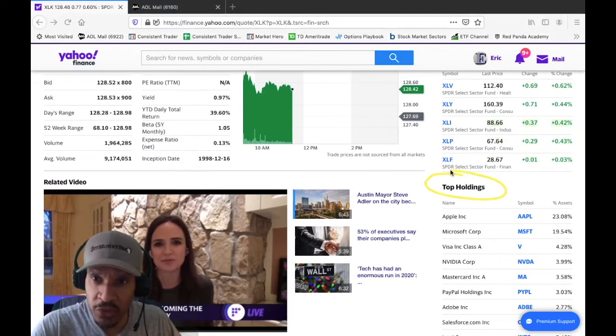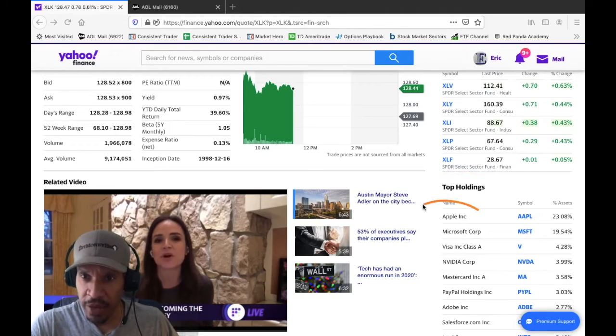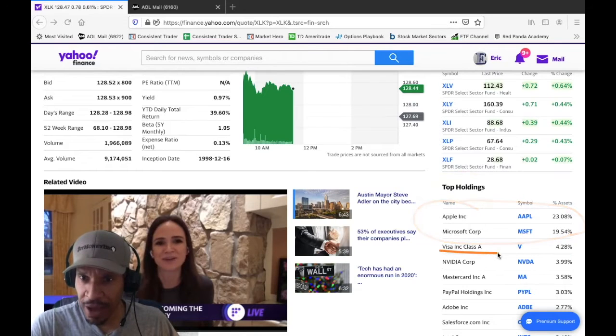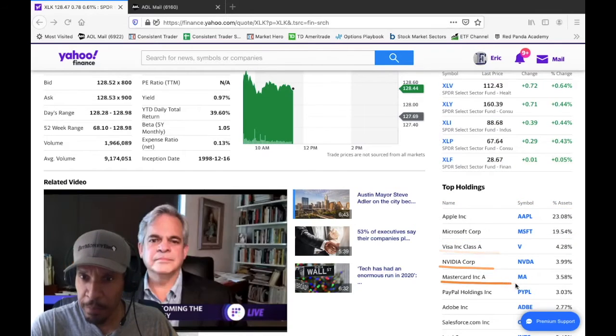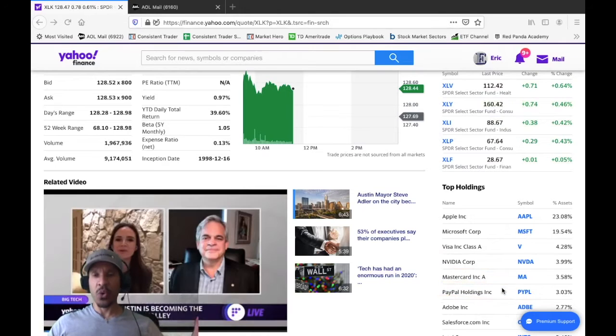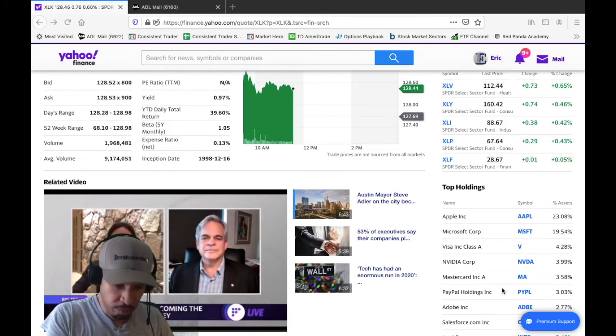The top holdings for this particular ETF are Apple, Microsoft. Basically, those are the 2 top holdings, right? Then those are followed by Visa, Nvidia, MasterCard, and PayPal, right? So an ETF, or an exchange traded fund, is a basket of stocks that one can trade like a regular stock itself.